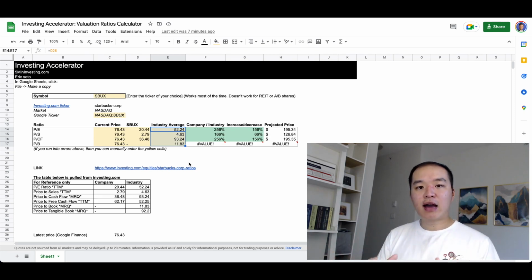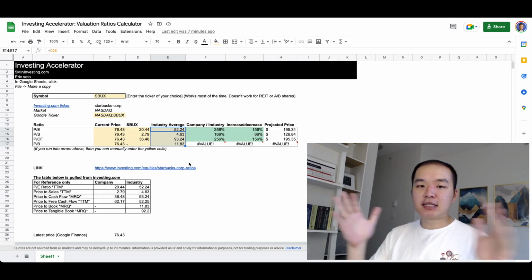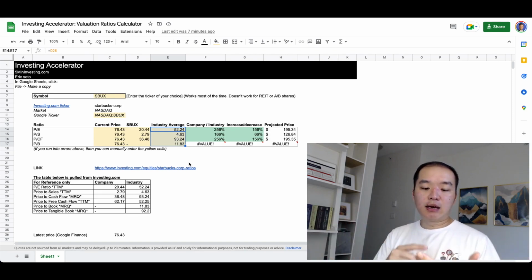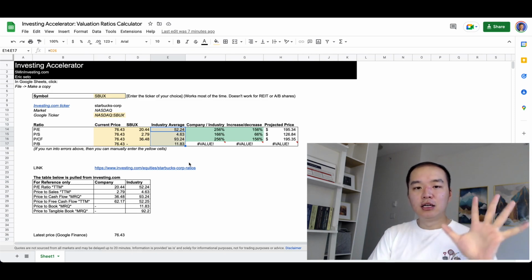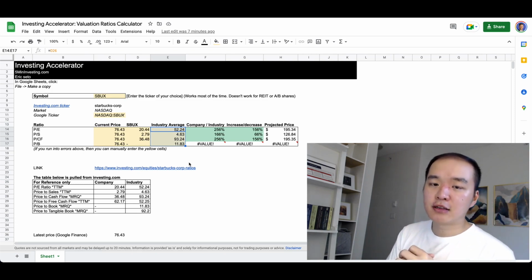The valuation ratios calculator is only a very small part of the Investing Accelerator analysis. You need to combine that with technical analysis, fundamental analysis, valuation, which is what you see here, news, and other analysis as well. Then you can become 95% confident when you're investing in the market.